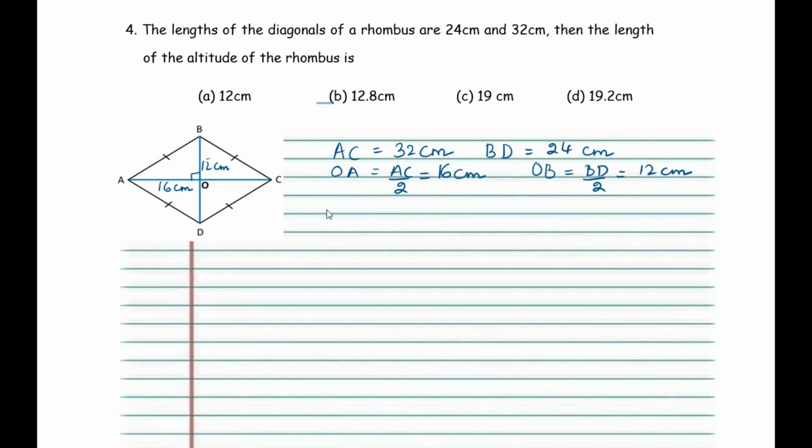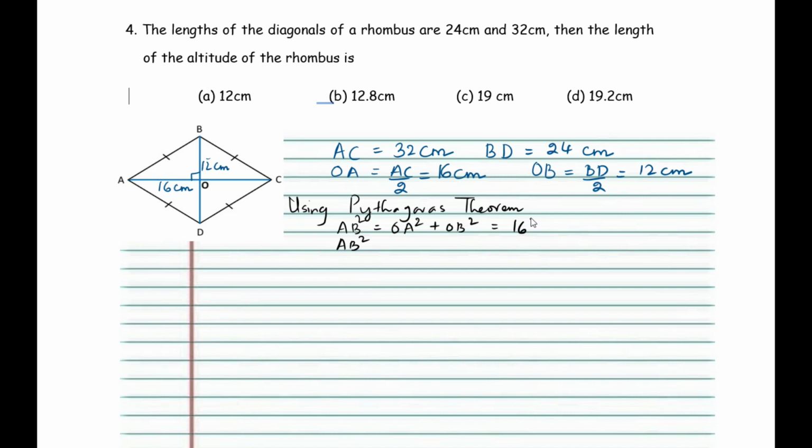Now the side, using Pythagoras theorem, what we get? AB square equals OA square plus OB square. Now AB square, what is OA square?